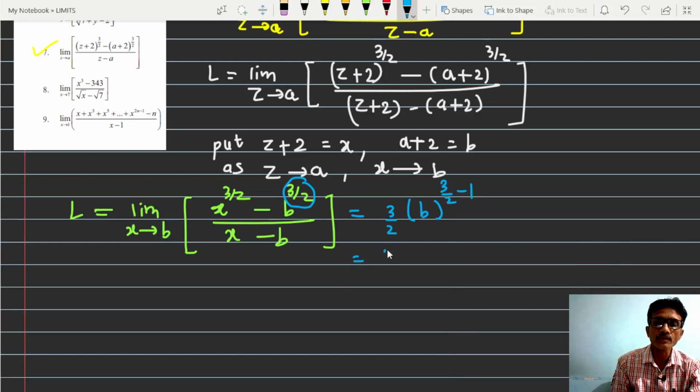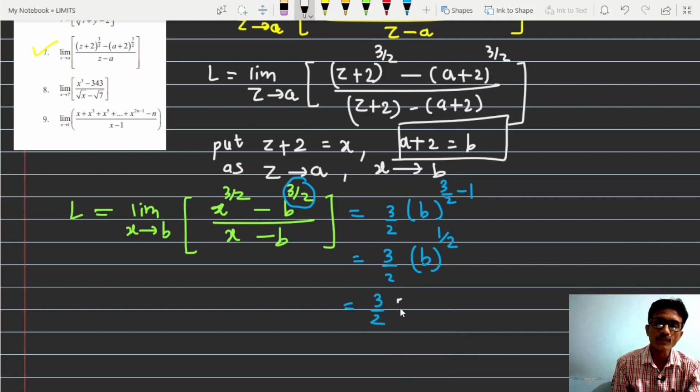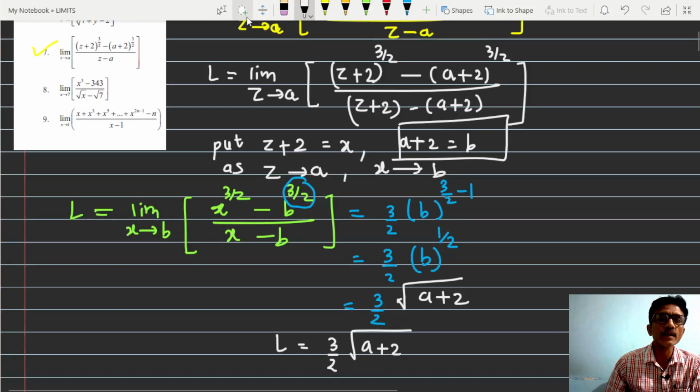So 3 by 2 into b raised to power 1 by 2. b is a plus 2 है, और answer आएगा. So this limit L will be equal to 3 by 2 into square root of a plus 2. Yes. Next question we'll do, that is question number 8.